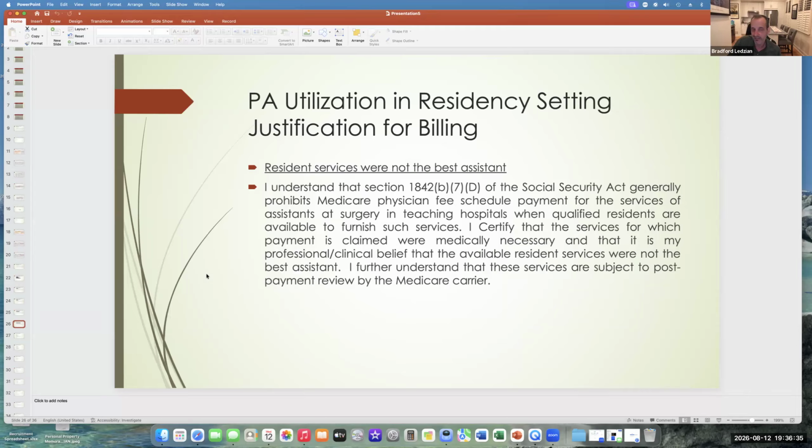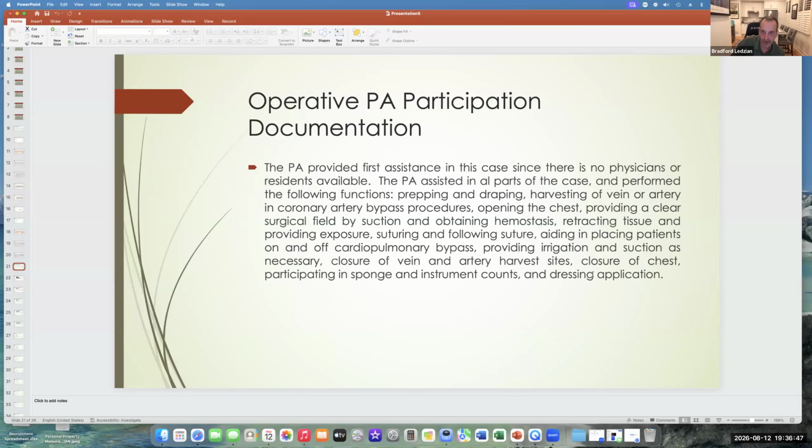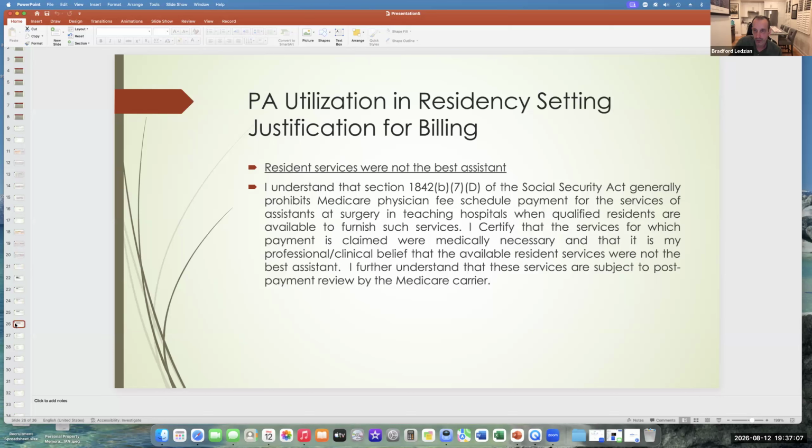And so you basically almost have an out in any situation, as long as the reason selected is true and valid, and that the services provided actually happened. If your surgeon puts these things in their operative note, it certainly doesn't guarantee payment, but it will increase the likelihood of payment for your services, which is important because you did work and you should be paid for your work, right?